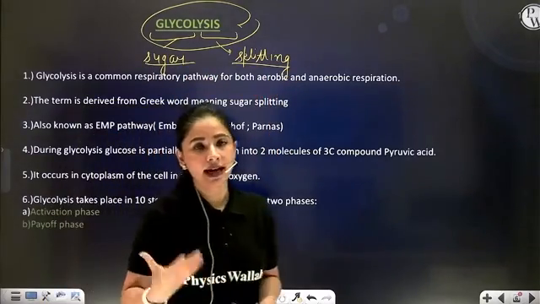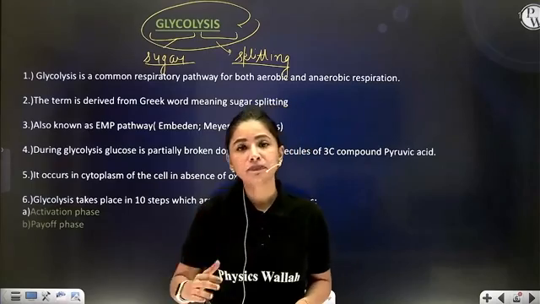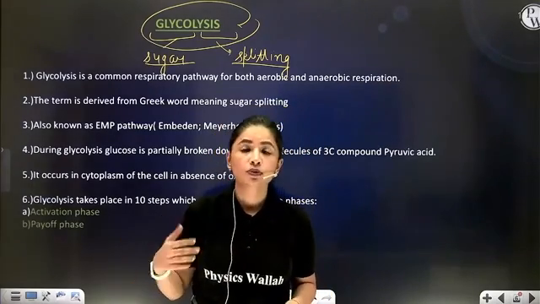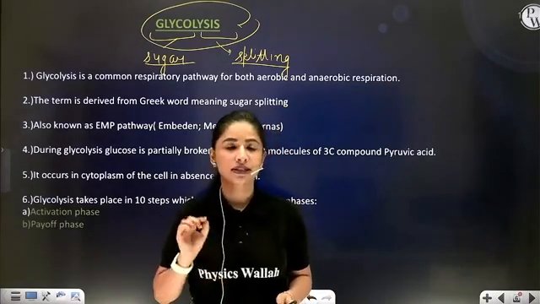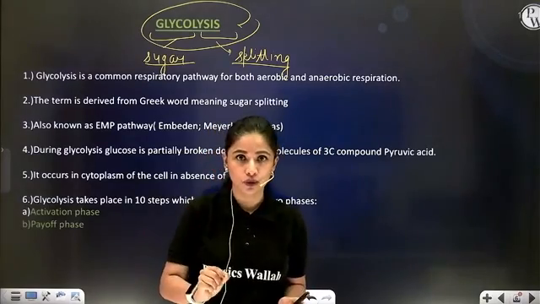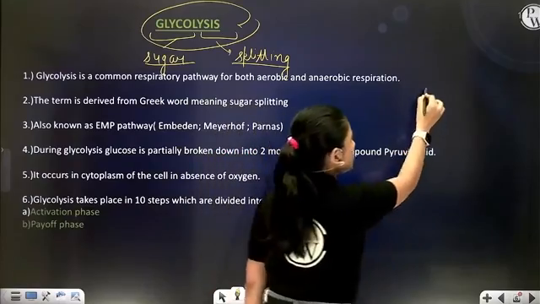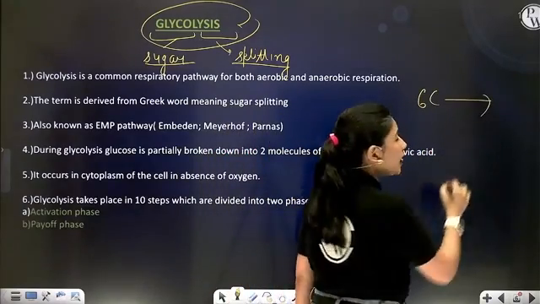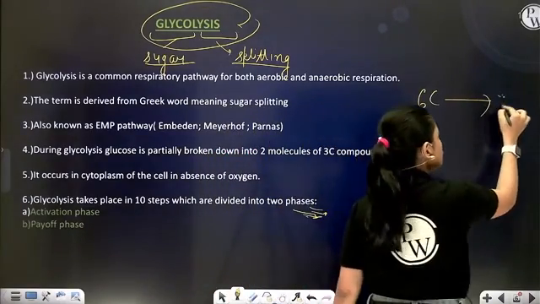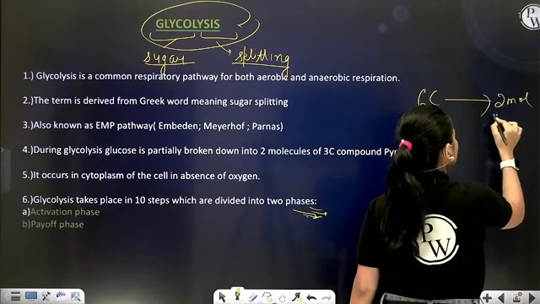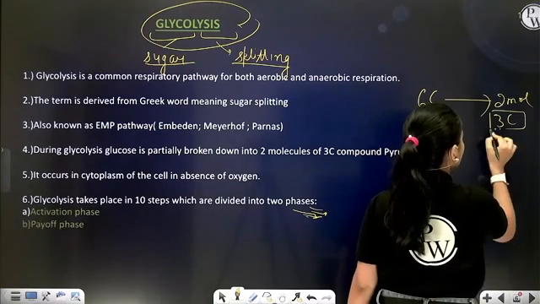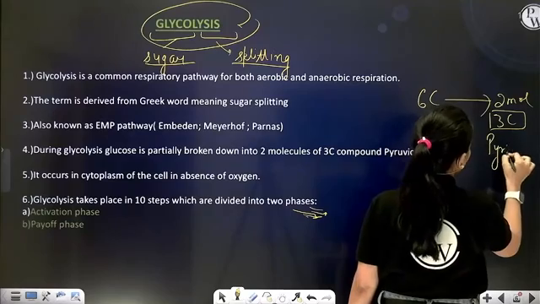So during glycolysis, we are going to simply break down the sugar. Which sugar? Glucose. The simplest form of sugar, glucose, a 6-carbon compound, during glycolysis is broken down into 2 molecules of 3-carbon pyruvic acid.